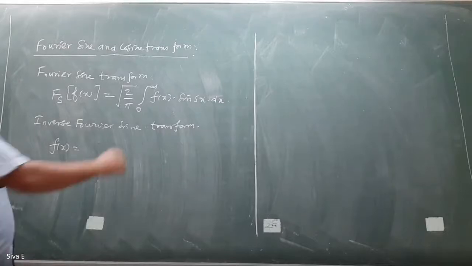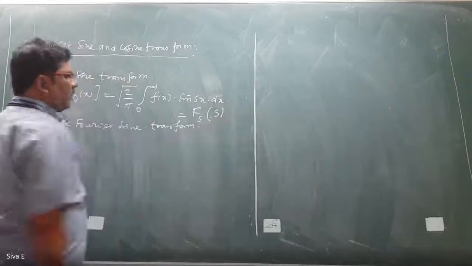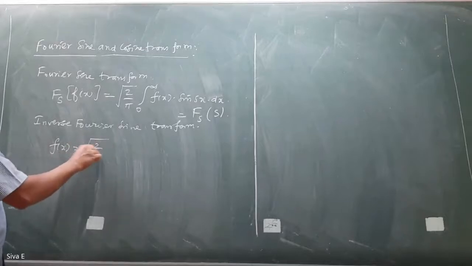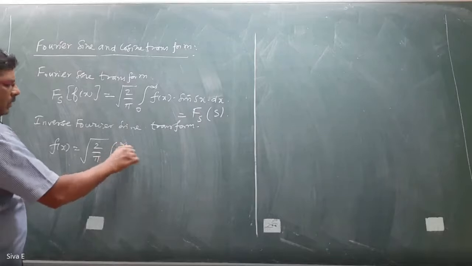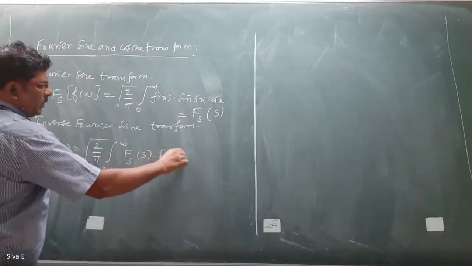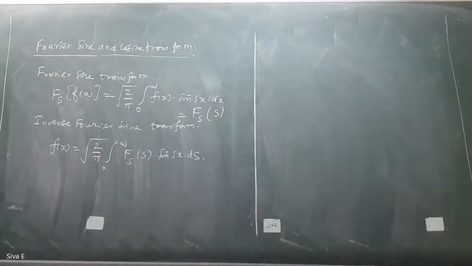Actually, this is denoted by Fs of s. So f of x equal to root 2 by pi integral 0 to infinity Fs of s sin sx ds. Similarly, we can write the Fourier cosine transform.